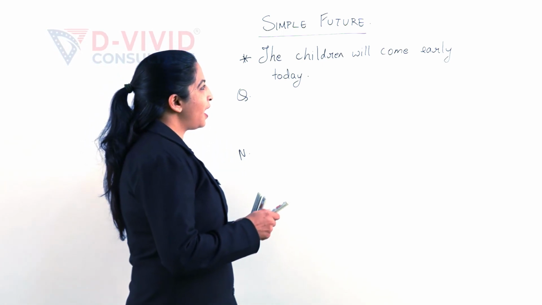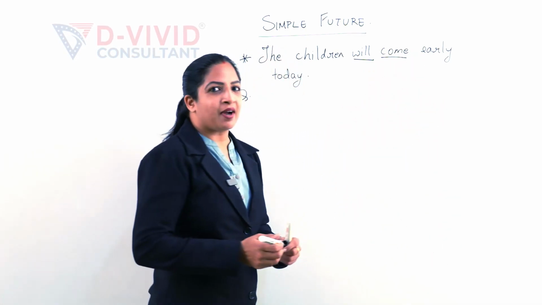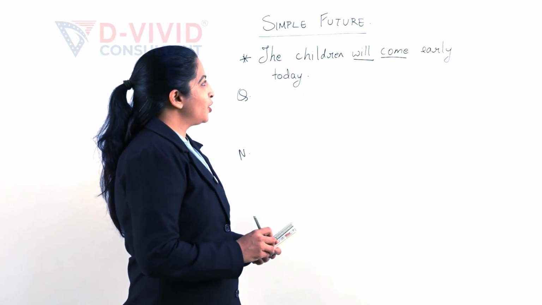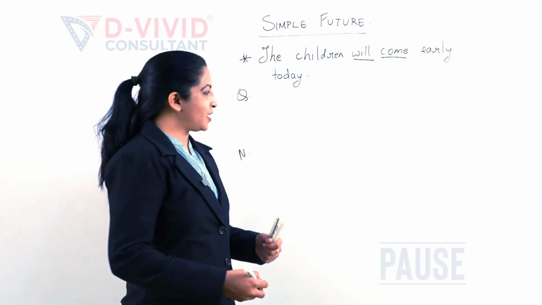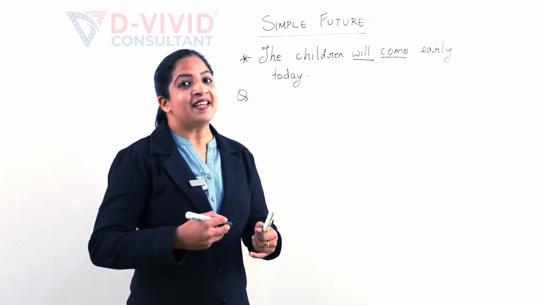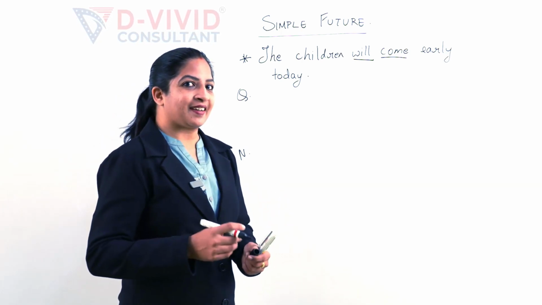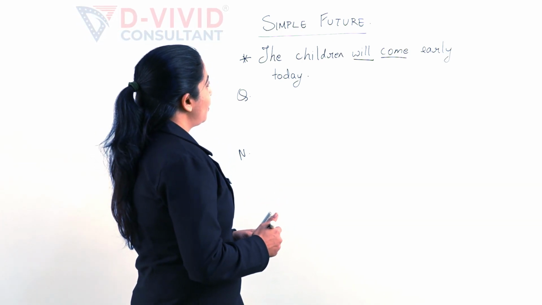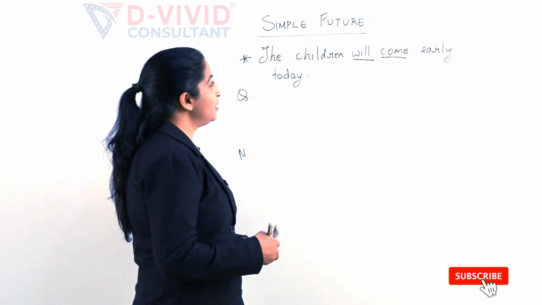So here I have will and I have come as my main verb. You can pause the video and try converting this sentence into a question and a negative by yourself. Let's check. What all things do I have? It says, the children will come early today.